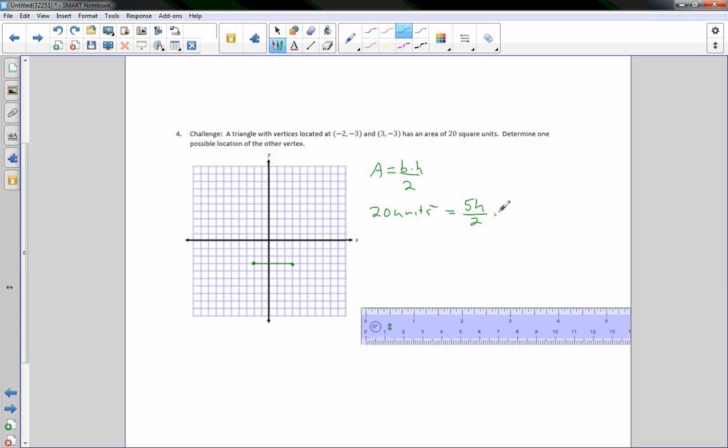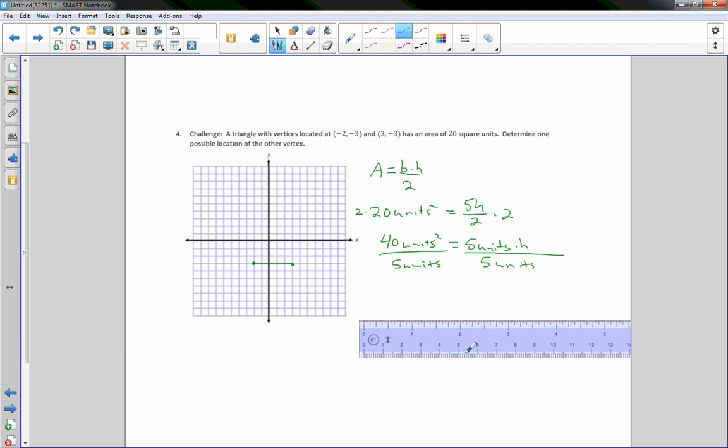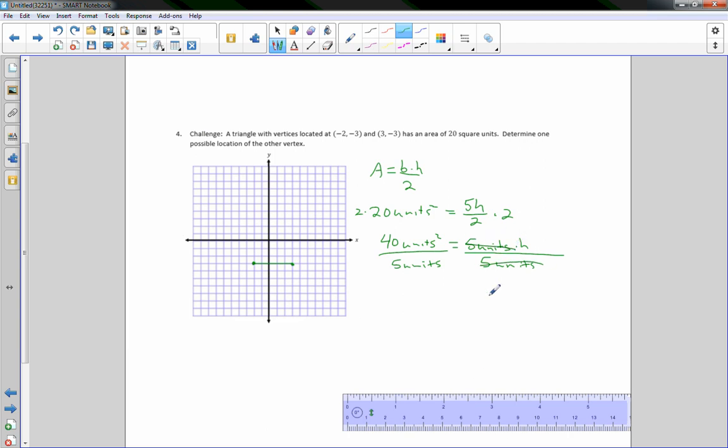Multiply both sides by 2, and that will give me 40 units squared equals 5h. That's actually 5 units h. To solve that, I divide by 5 units and divide this by 5 units. And the 5 units cancel, and I get h equals, this units will cancel with one of the units, and 40 divided by 5 is 8 units.